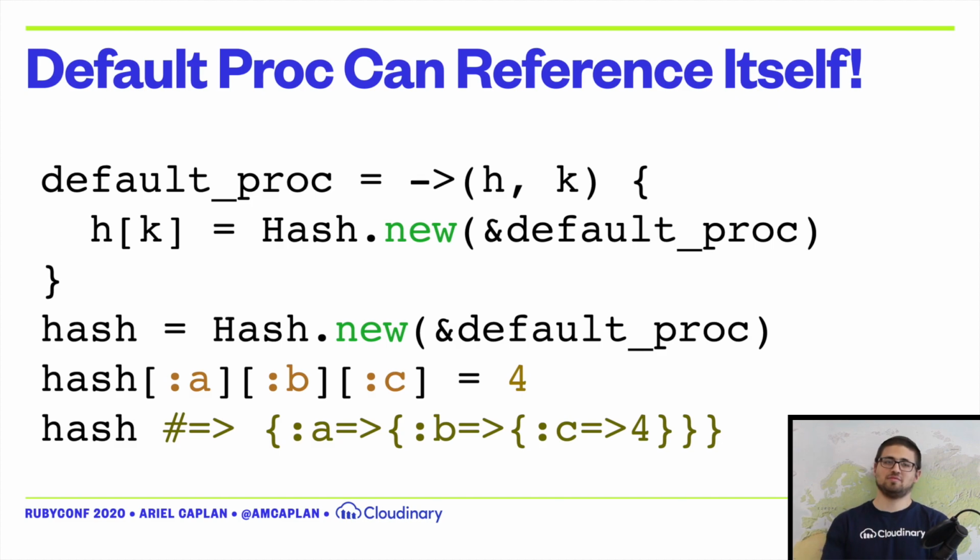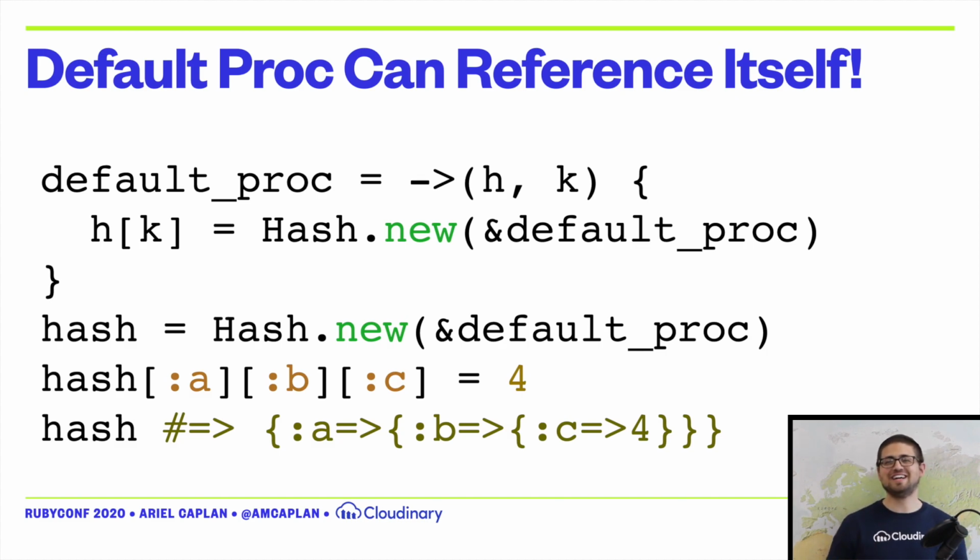So when we access, in the second to last line, hash square brackets symbol A, we get back a new hash that has that default proc. And then when we access on that square brackets B, we get a new hash that has that default proc. And then when we set C equals, we're just going to set something inside of that hash. And so we get this nested hash structure basically without ever building it up on our own.